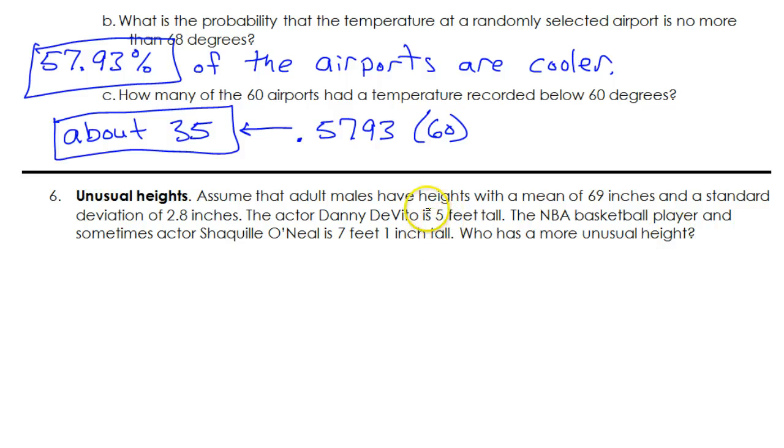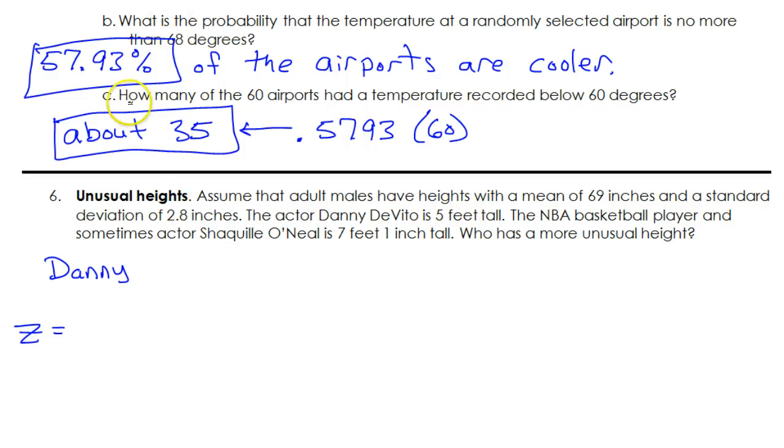Well, let's convert both of these heights into z-scores. So let's find a z-score for Danny DeVito at 5 feet tall. I almost tried to put 5 feet into the z-score formula, but I immediately ran into trouble because the other numbers are in inches. The mean is in inches and the standard deviation is in inches. So I can't use feet. 5 feet, that's 5 times 12, that is 60 inches.